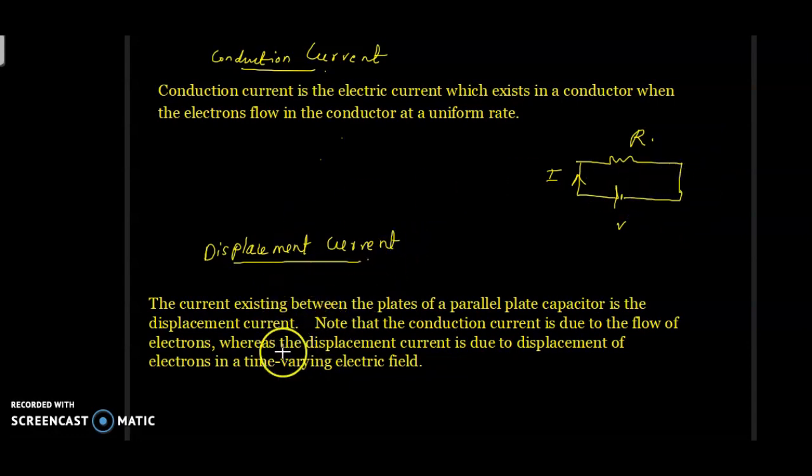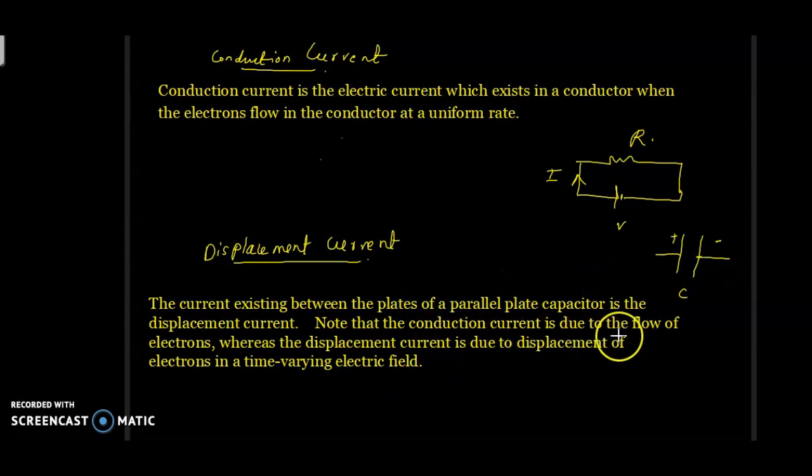Whereas the displacement current is the current that exists between the plates of a parallel plate capacitor. One side is plus, another side is negative. The current that exists between the plates of this parallel plate capacitor is the displacement current.